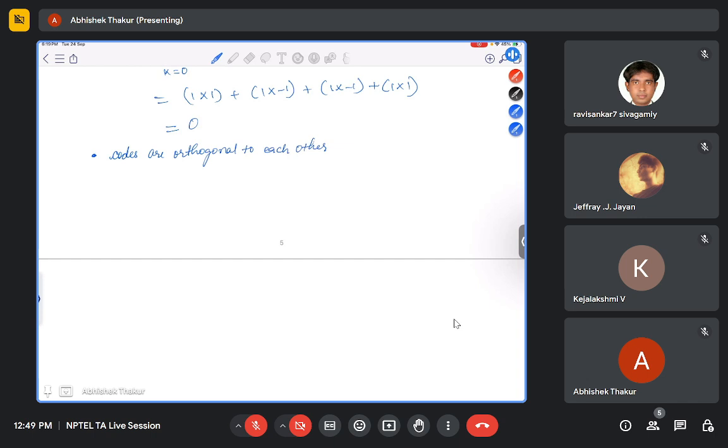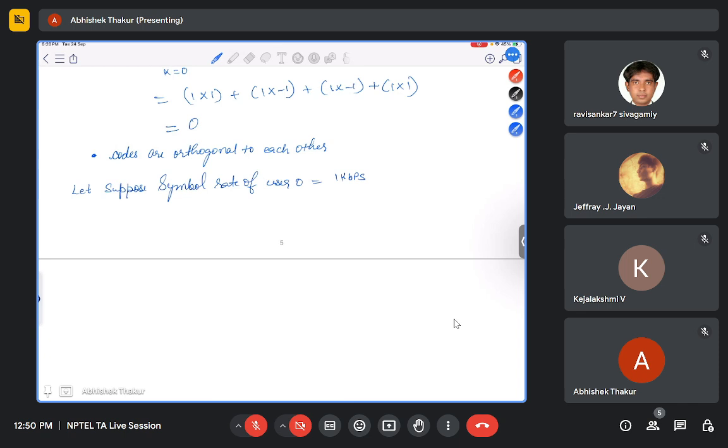Now let's suppose the symbol a naught for user 0 has a symbol rate of 1 kilobit per second.